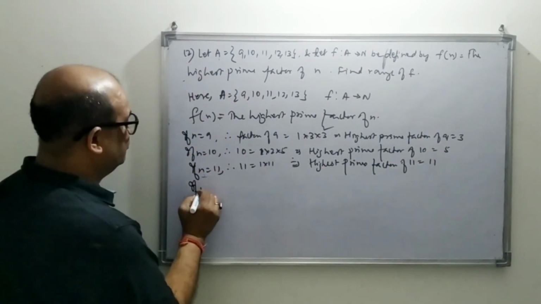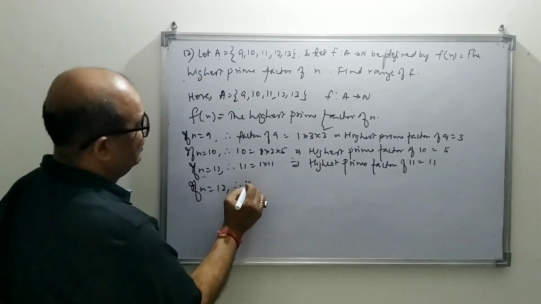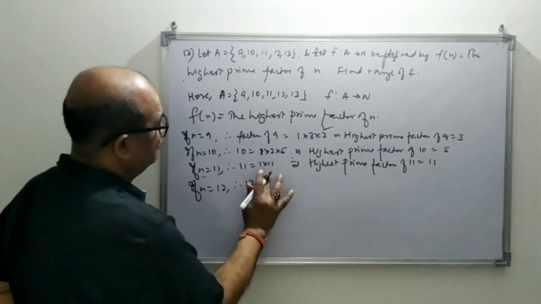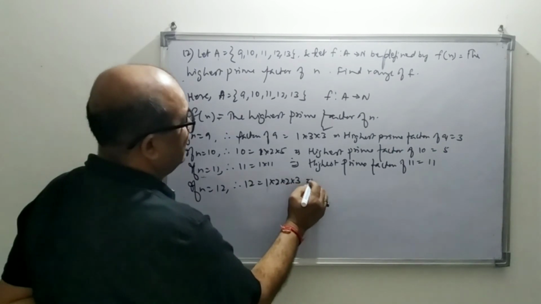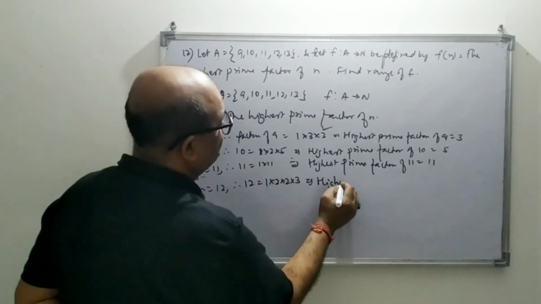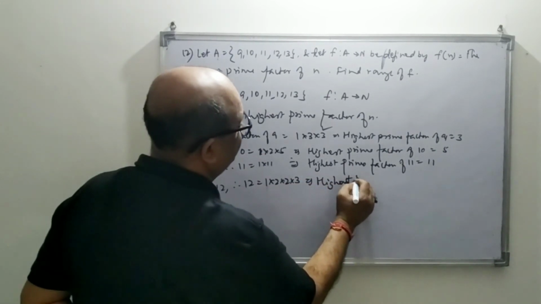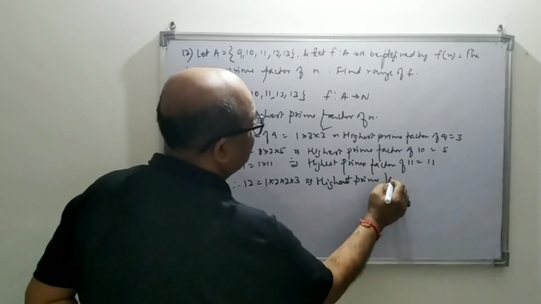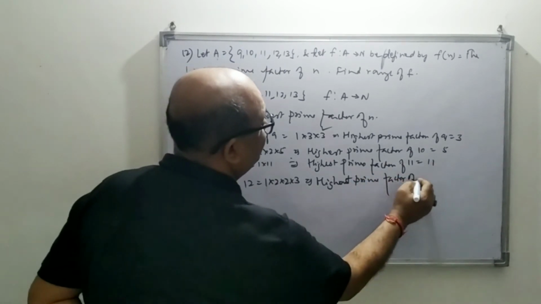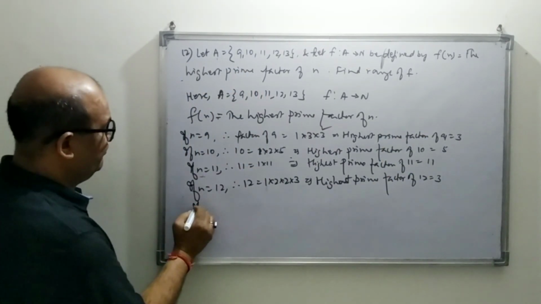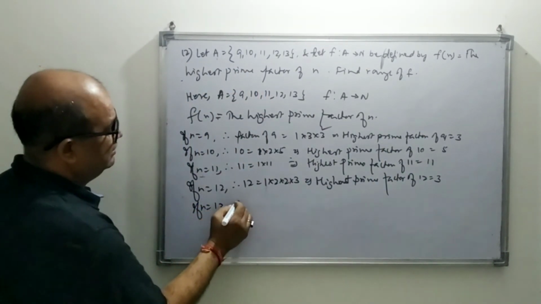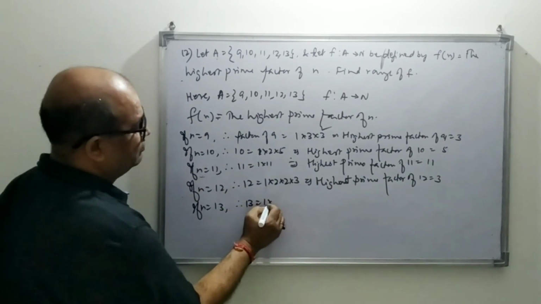If n equal to 12, therefore 12 equal to 1 into 2 into 2 into 3. That means the highest prime factor of 12 equal to 3. And the last one is if n equal to 13, therefore 13 equal to 1 into 13.